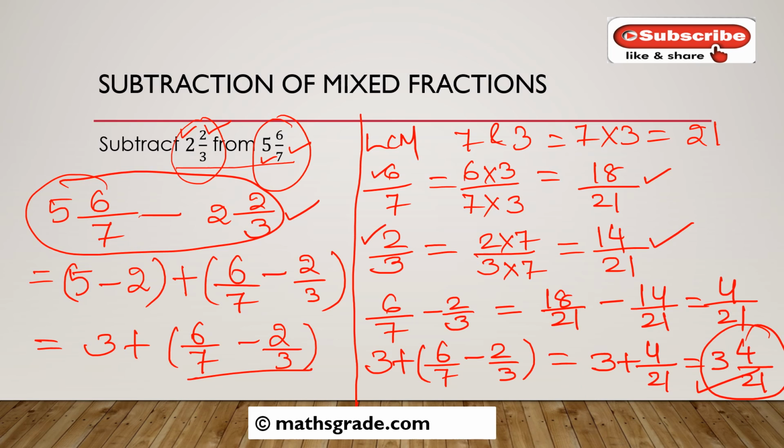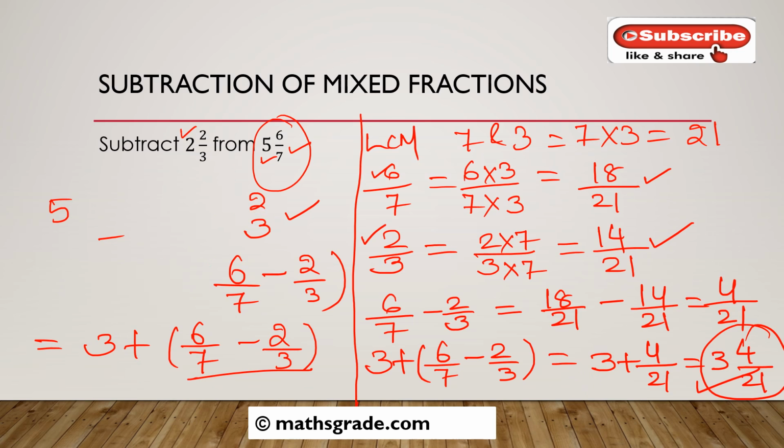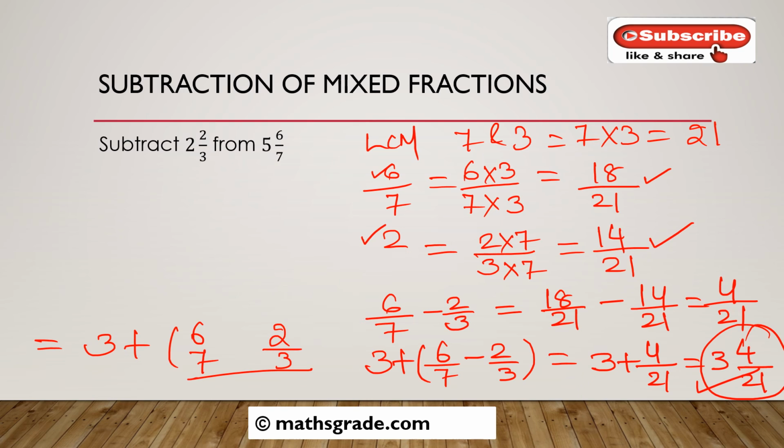Both these fractions are mixed fractions. So when we subtract mixed fractions, just write down the subtraction of the whole numbers separately and subtract the proper fractions. Then we have to convert the fractions into equivalent fractions, multiplying the same number with both the numerator and denominator.